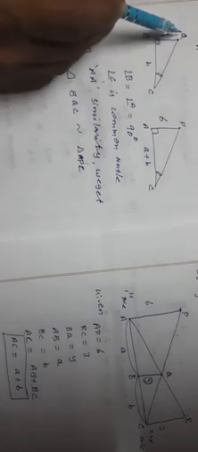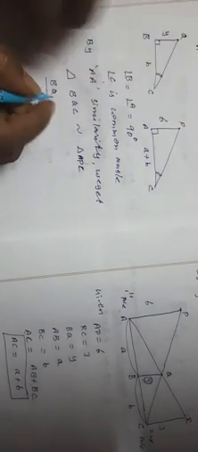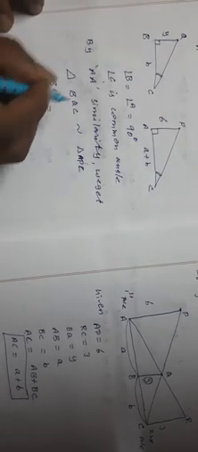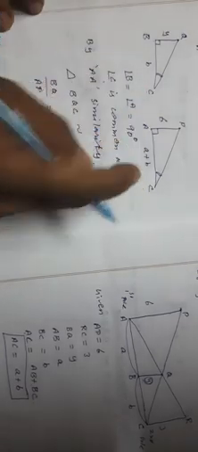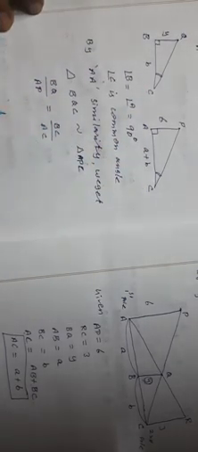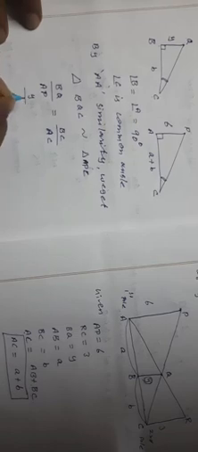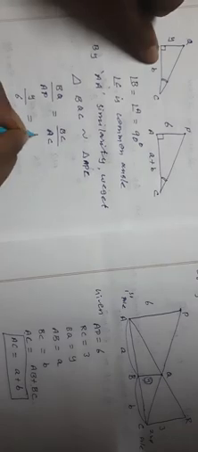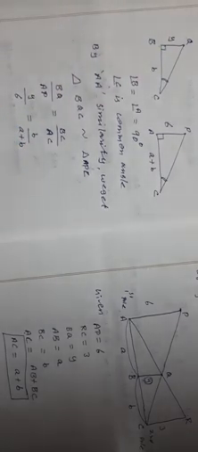First, BQ. In this triangle, the corresponding sides are AP, next the corresponding side BC, and here the corresponding side AC. Now substitute: BQ is equal to y, AP is equal to 6, BC is equal to b, and AC is equal to a plus b.